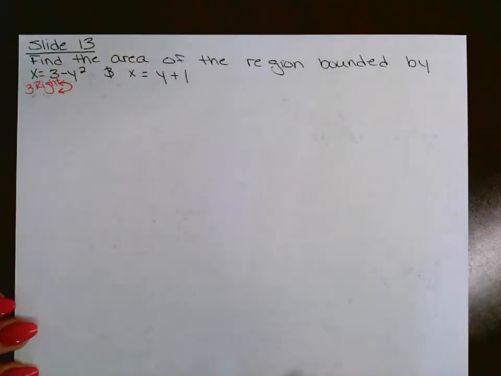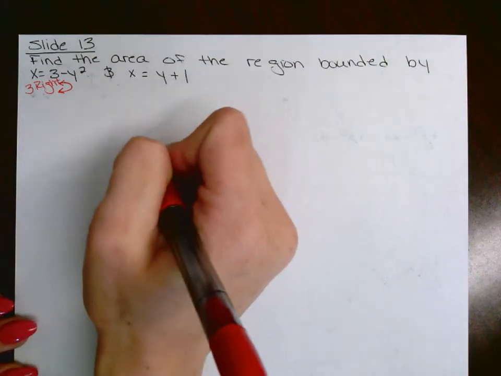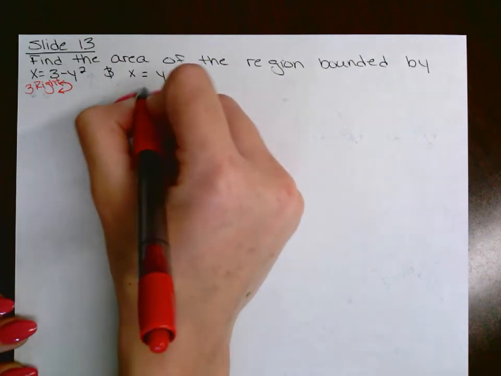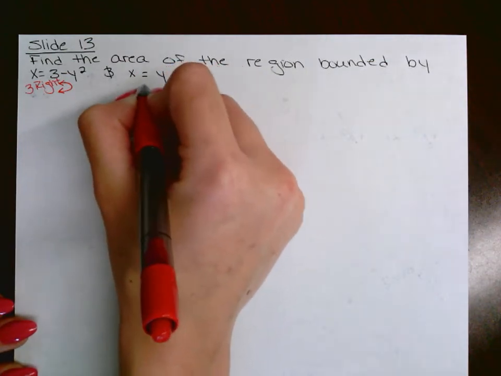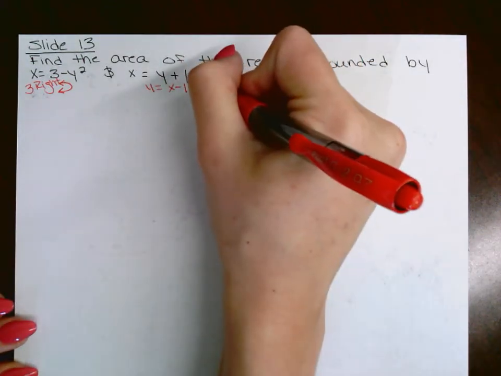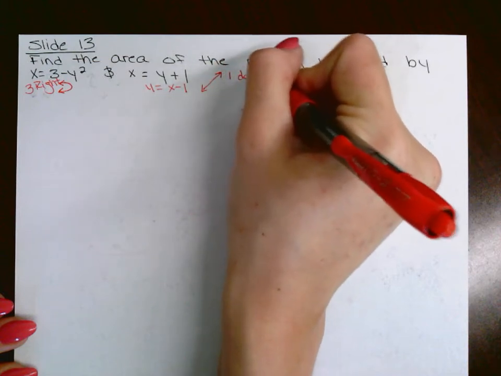And here, because it's y to the first power, it is going to be linear. If I did change this around to move the 1 over, I'd have y equals x minus 1. This would just be a linear function that went 1 down.